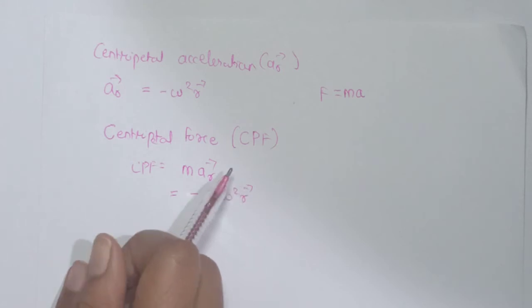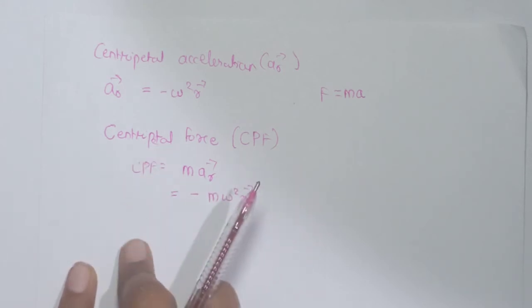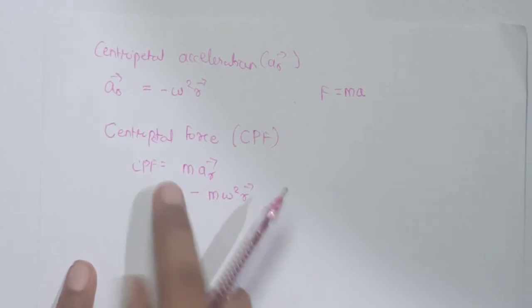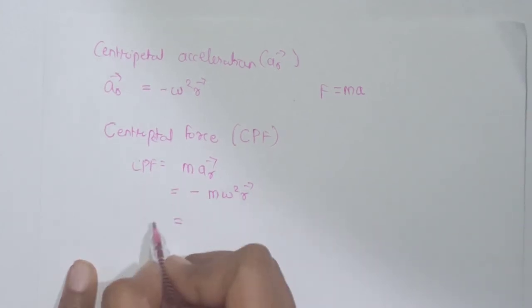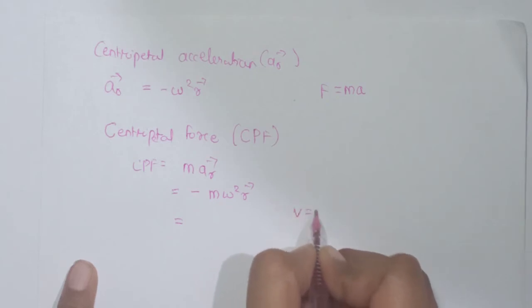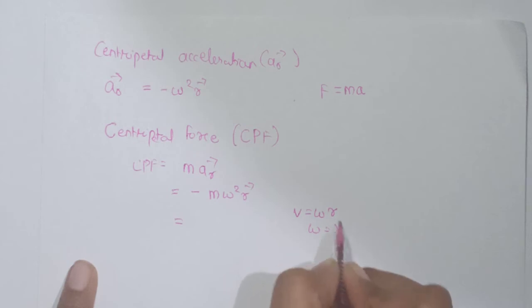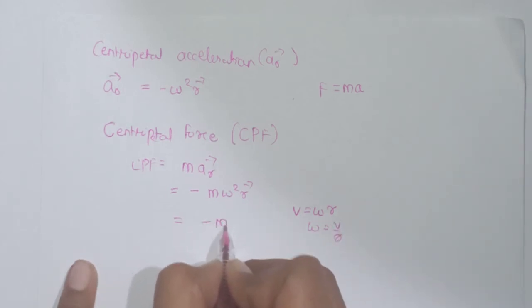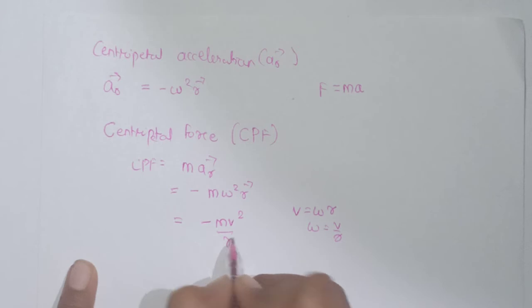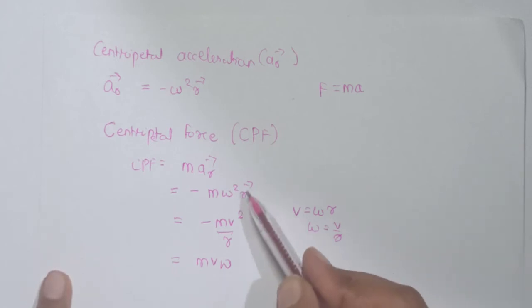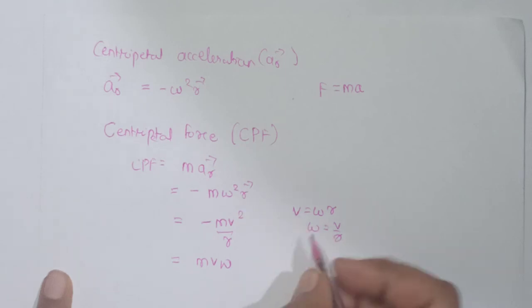So that type of force will be centripetal force. Or you may write it as, as you know V equals omega r, so when you substitute omega equals V by r, you will get minus m V square by r. Or you can get the alternative equation m V omega. So depending upon the quantities given in the numerical, you can use one of these.